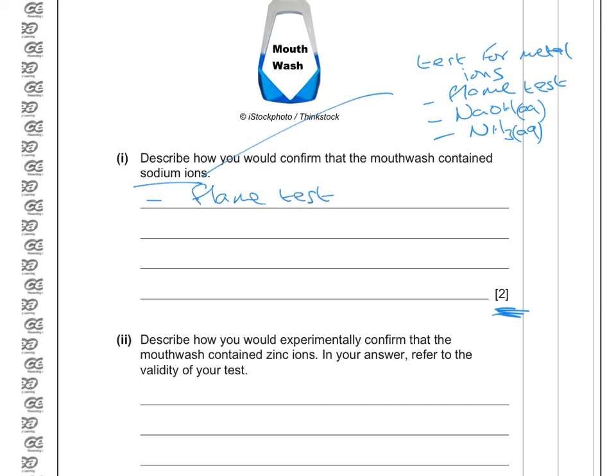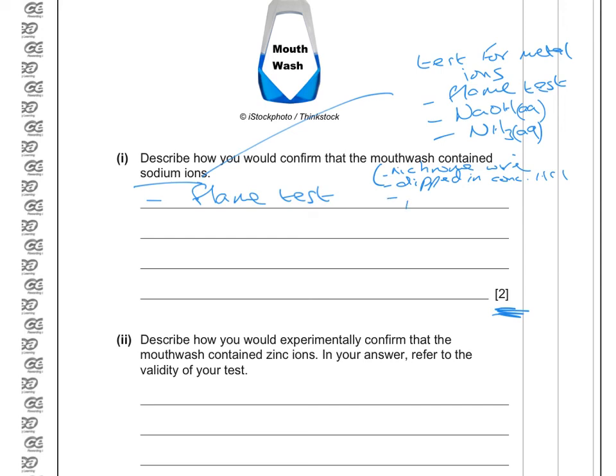Remember, I'll just put this in. For a flame test, you would use nichrome wire, which would be dipped in concentrated hydrochloric acid.